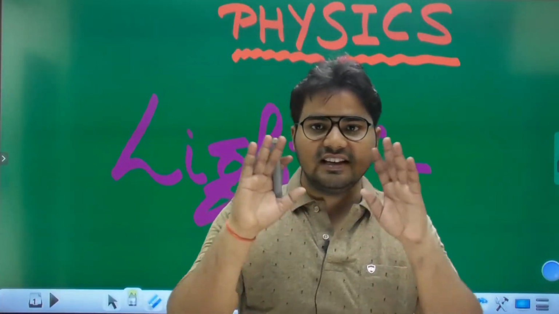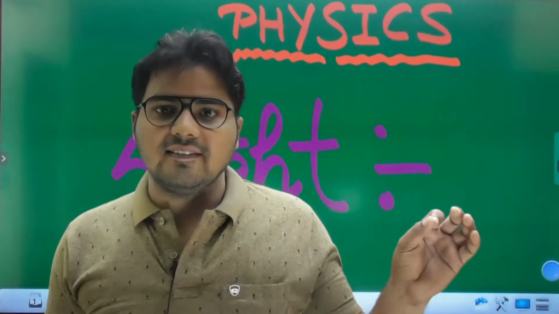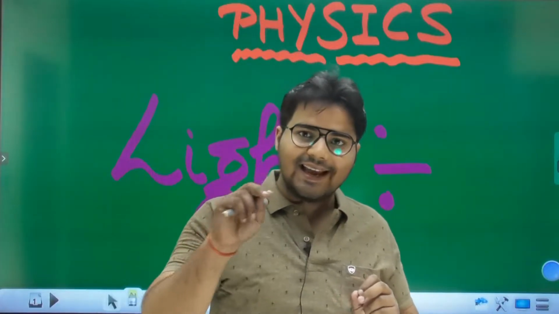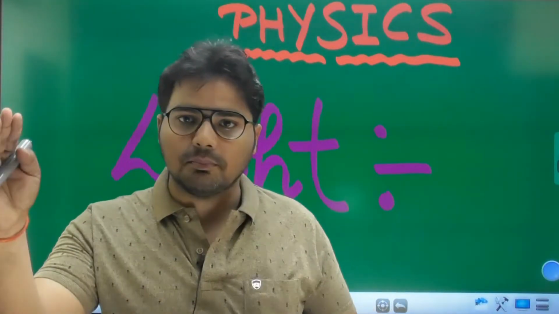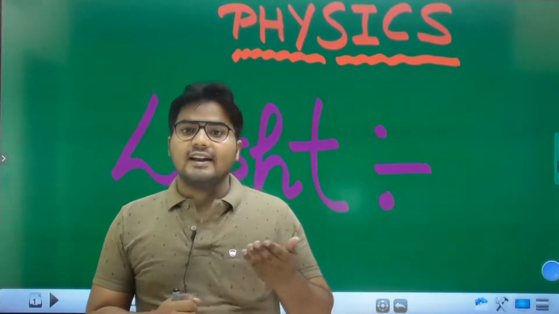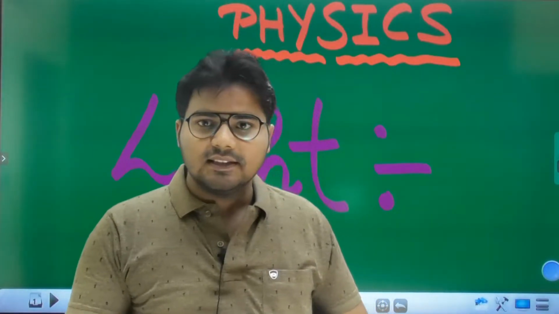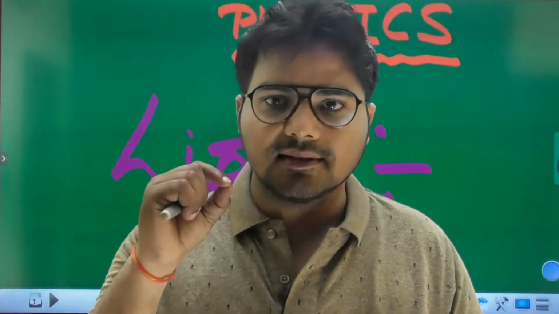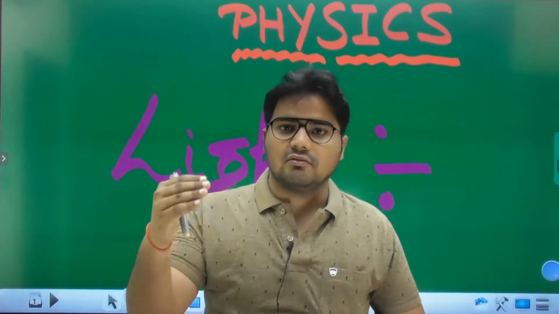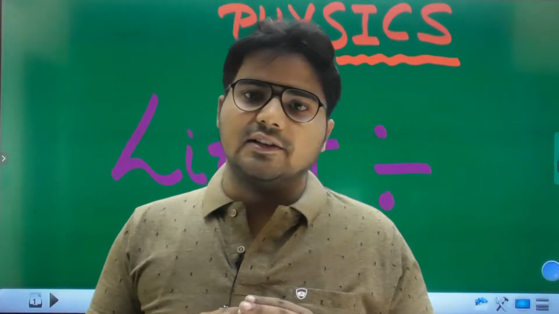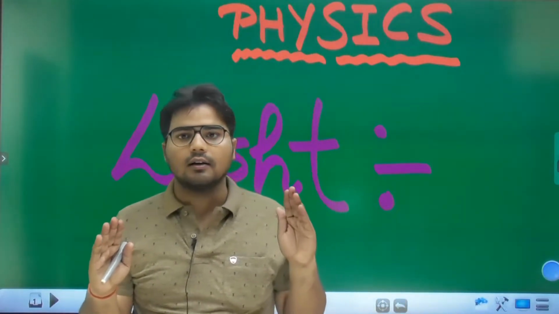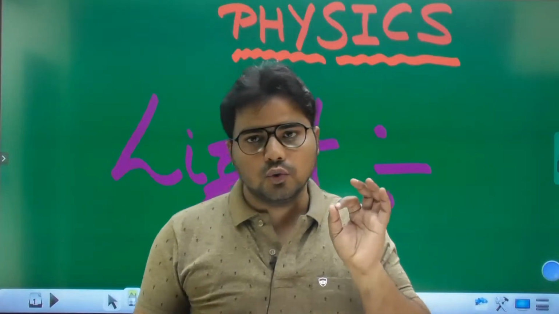Without light we can't see anything. When the light rays fall on any object, that object reflects back the light rays, and when these reflected rays strike our eyes, it forms an image, and our mind understands what that image is. So we say the objects are visible to us.